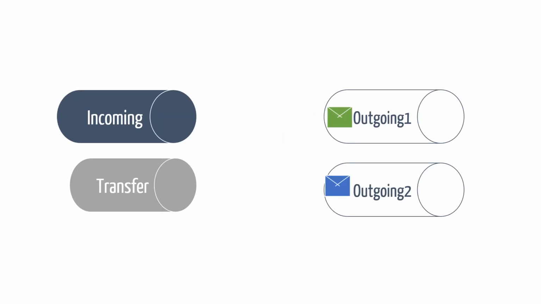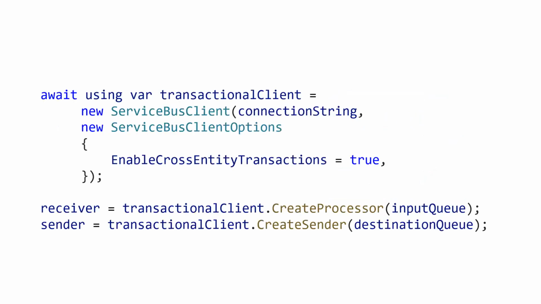So if your code throws, and the incoming message is abandoned or retried, the outgoing messages will not go to destination 1 or destination 2. That gives you interesting transactional guarantees with your messages.